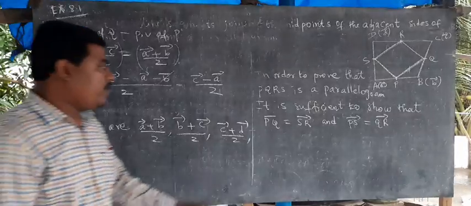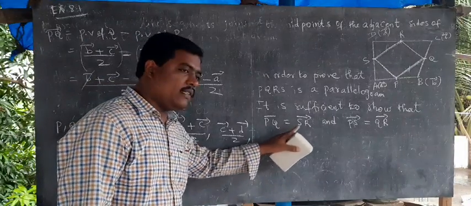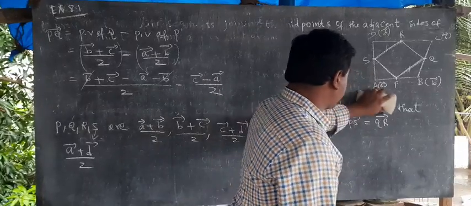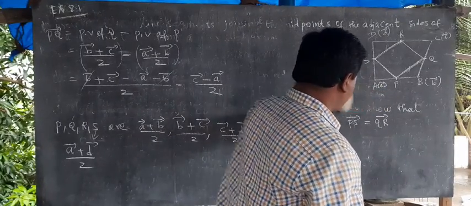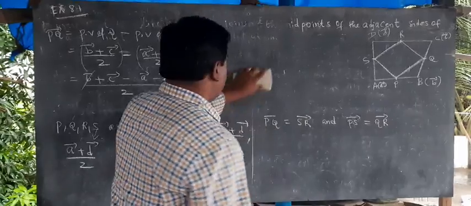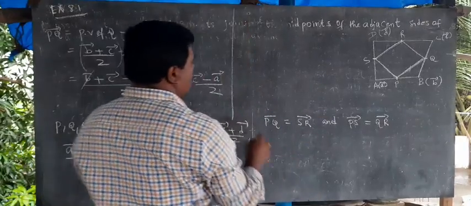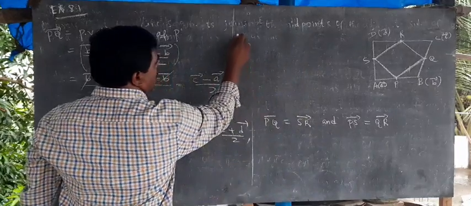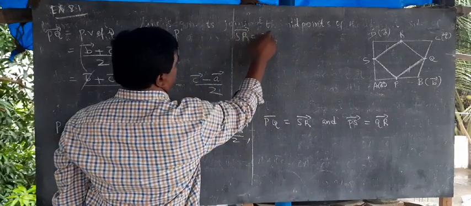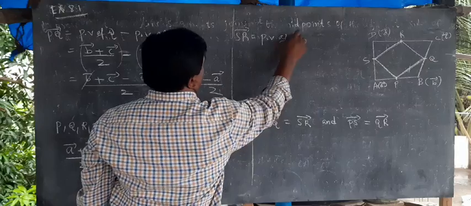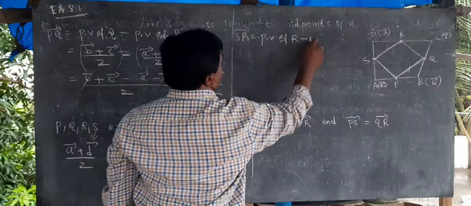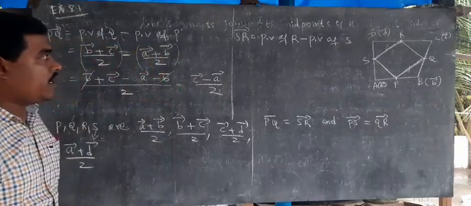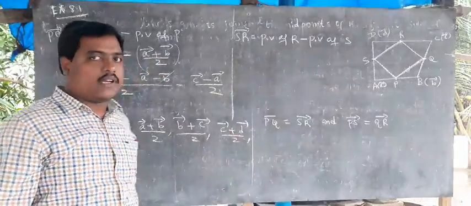Clear? Now we need to prove PQ vector equals SR vector. SR vector is the position vector of R minus the position vector of S, that is OR minus OS vector.